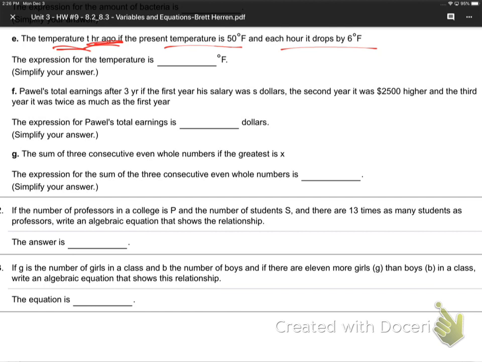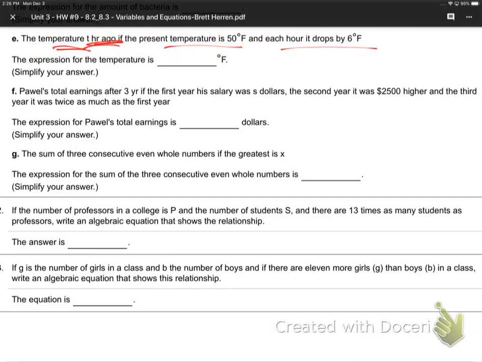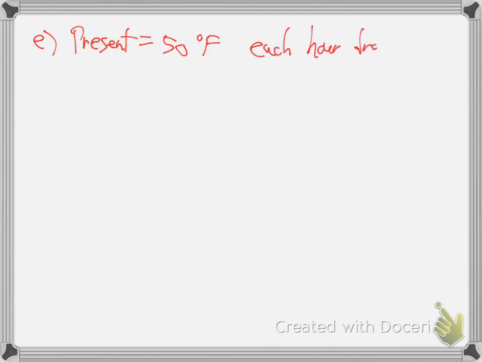So the present temperature is 50 degrees Fahrenheit, and each hour it drops by 6 degrees. What did they say? T hours ago.